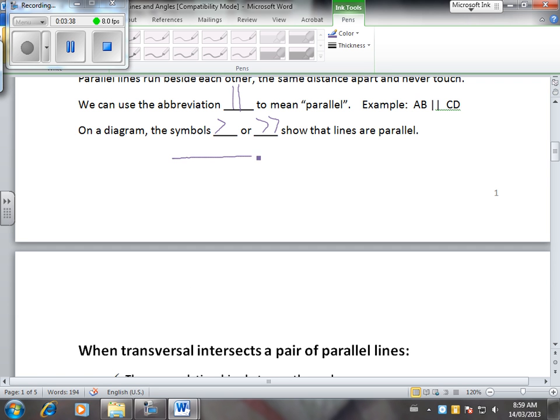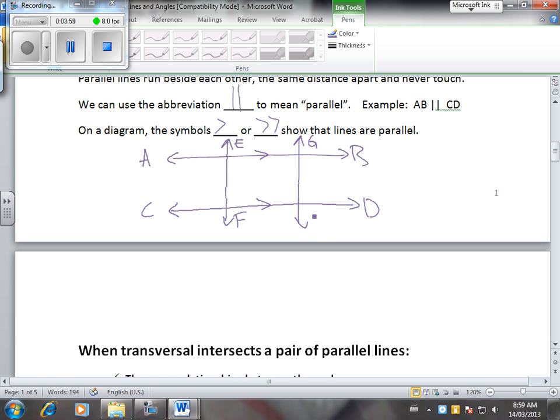So if we draw some lines, and of course mine are not exactly parallel, but imagine. And we can even draw 2 more lines. I'll call those E, F, and G, H.